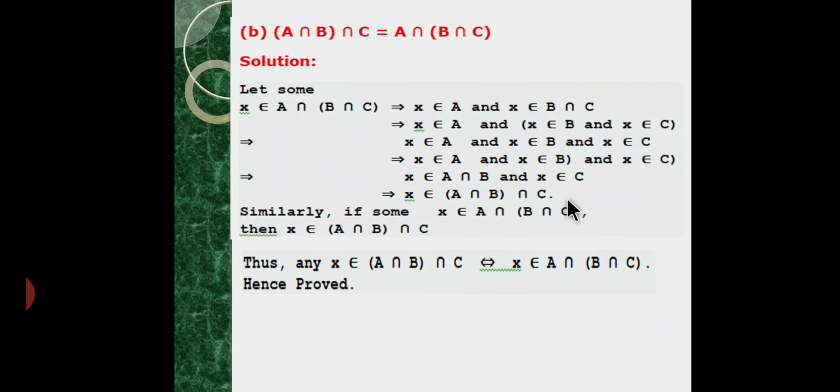From 1 and 2 we write A intersection (B intersection C) is equal to (A intersection B) intersection C.